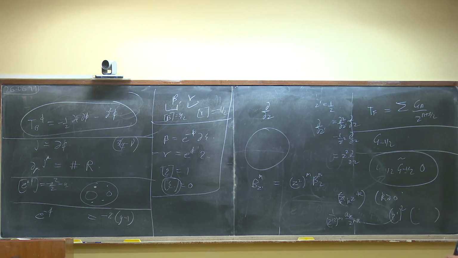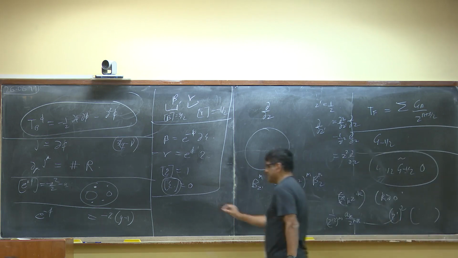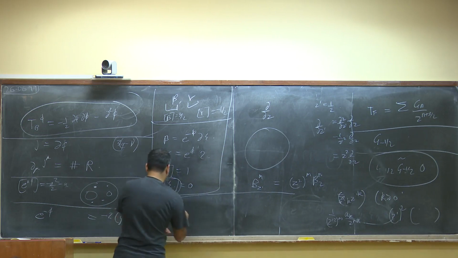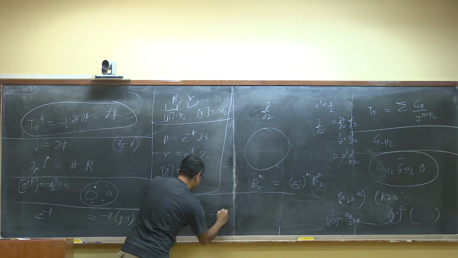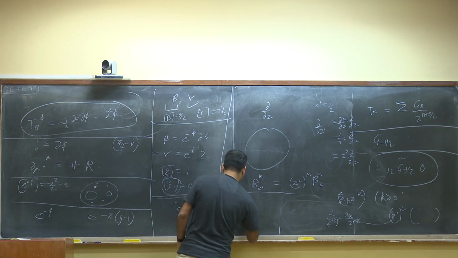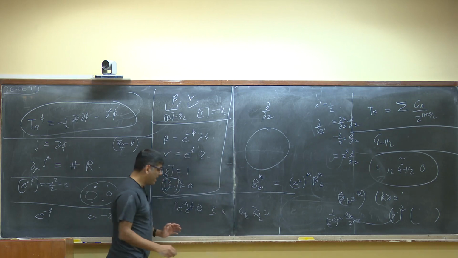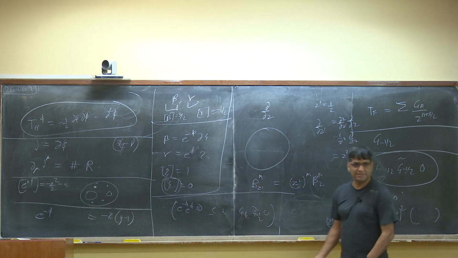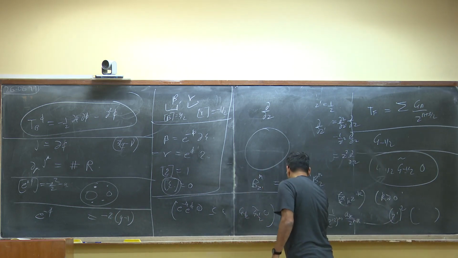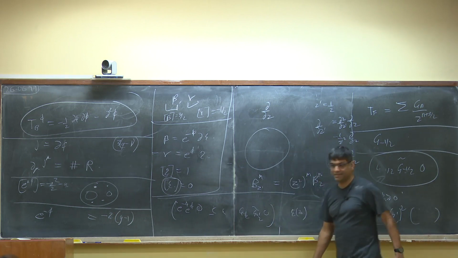So what do we have to do instead? Actually, what we do to fix it up is very simple. We just put an insertion. I told you that there were many insertions: insertions of e to the power minus phi, e to the phi, some c's, and some G minus half, G tilde minus half. Now, in addition, just choose any point on your Riemann surface, let's call it z0, and insert a zeta of z0 into that path integral.